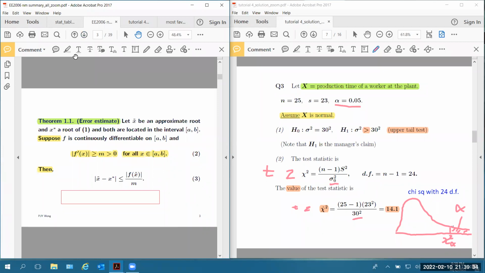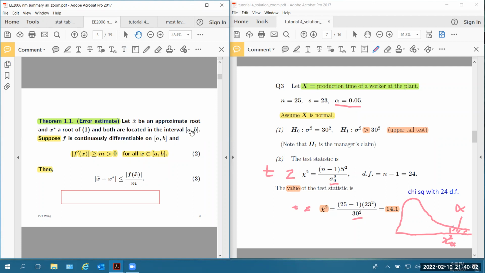It also has theory behind it. First of all, inside our lecture notes, we have this theorem called error estimate. What it says is that your x tilde, the curly thing on top is called tilde, this x tilde is an approximate root, and this x star is a root of equation 1. Equation 1 is f(x) equal to 0.